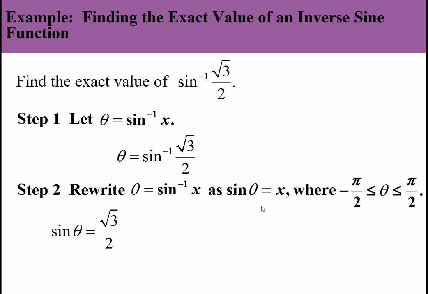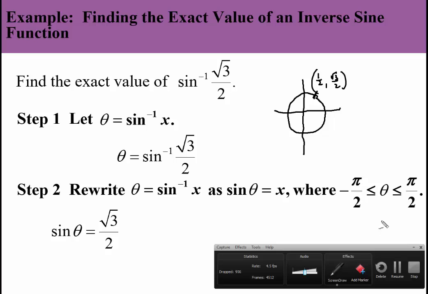So if we go ahead and rewrite this, we're saying at what angle is the sine the square root of 3 over 2. And I always like to draw a circle up on the board here. And what we're looking at here on this circle is, well, the sine is the square root of 3 over 2 at this angle, which is going to be pi over 3. So that would be the answer.